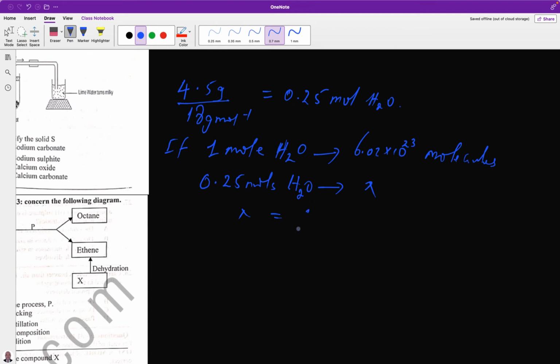That is 6.02 times 10 to the 23rd, times 0.25, which will give us 1.5 times 10 to the 23rd.